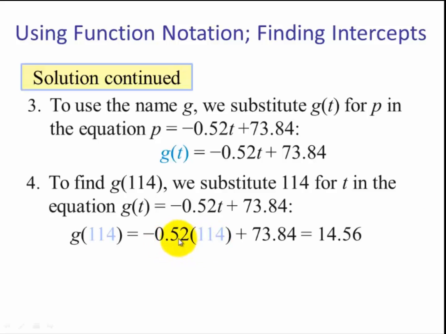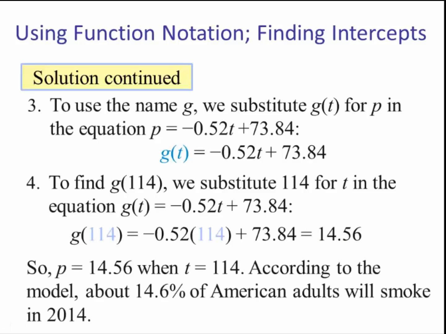We multiply first, then add, and we get 14.56. So what does this mean in this situation? We would say, according to the model, 14.6% of Americans will smoke in 2014.